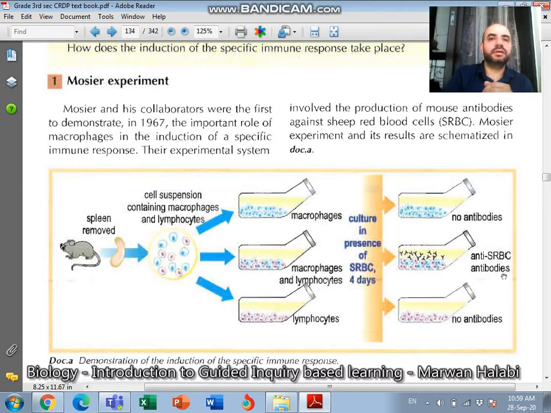So this is a technique by which we describe an experiment. However, if we want to analyze this experiment, we should begin with the results.